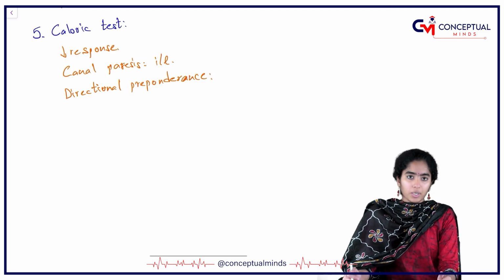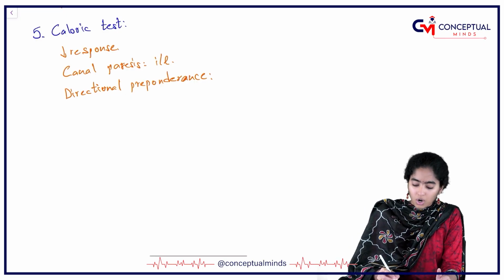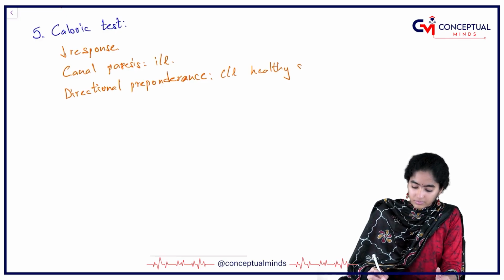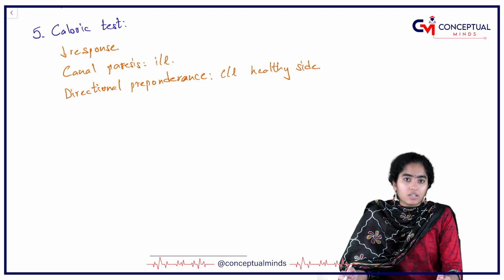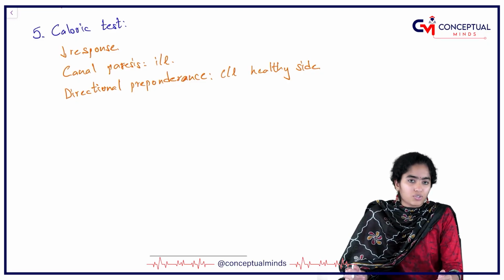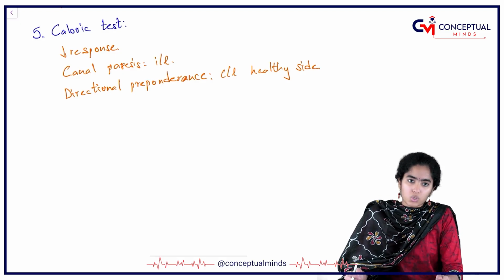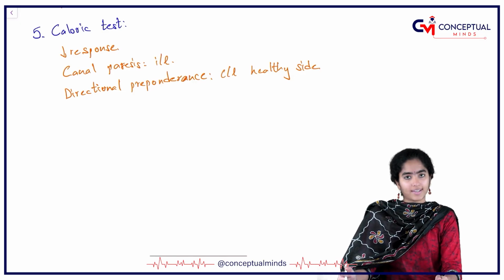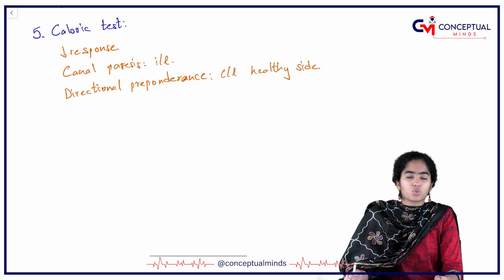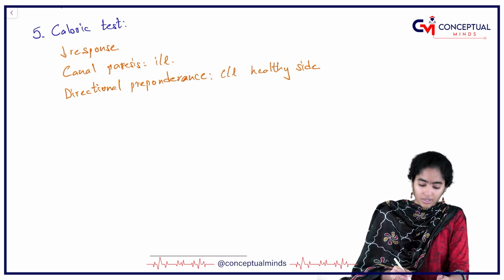So directional preponderance is towards the healthy side, the contralateral side. So we observe ipsilateral canal paresis and contralateral directional preponderance, and sometimes both of them are also observed. So there is canal paresis on the affected side and directional preponderance towards the healthy side. This is about caloric test.